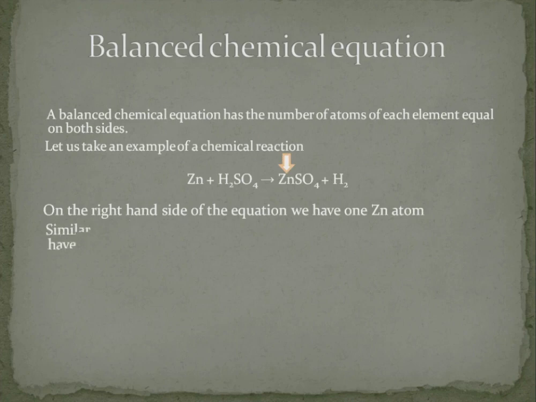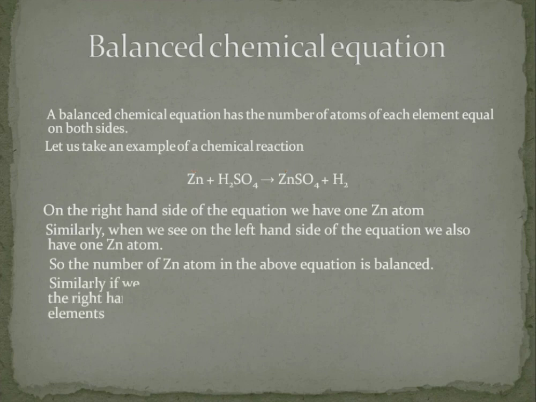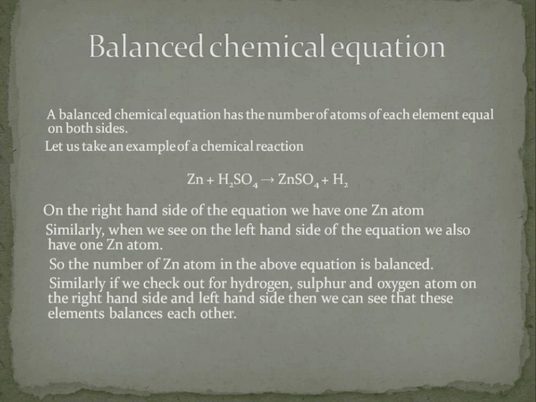Similarly, when we see on the left hand side of the equation, we have one zinc atom. So the number of zinc atoms in the above equation is balanced. Similarly, if we check for hydrogen, sulfur and oxygen atoms, on the right hand side and the left hand side, we can see that these elements balance each other.